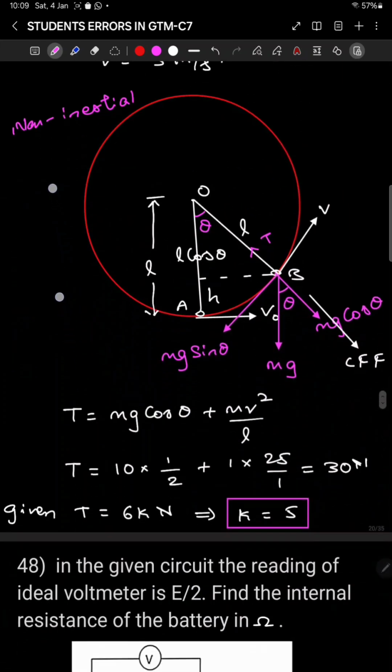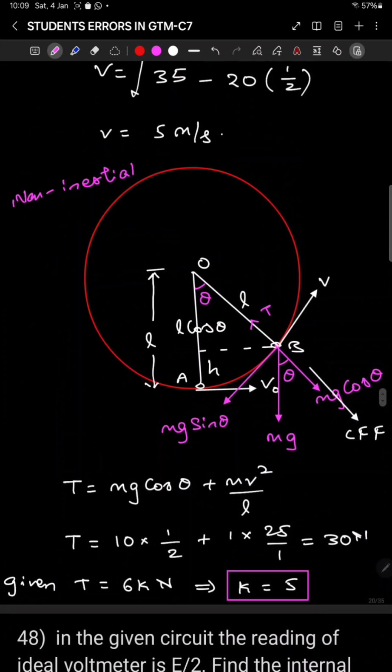Centrifugal force formula is mv square by L. T balanced with mg cos theta plus mv square by L. Substitute here: mass given, g value we know, theta was 60 given, so mass 1, v square value 5 square, L value 1, to find tension as 30 newtons. So the given information is T equal to 6k newtons, from that we can find k value 5.